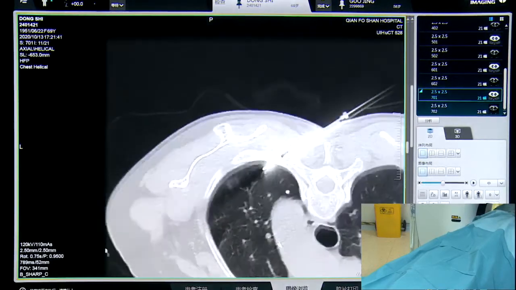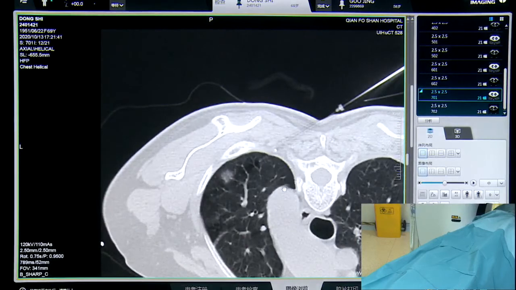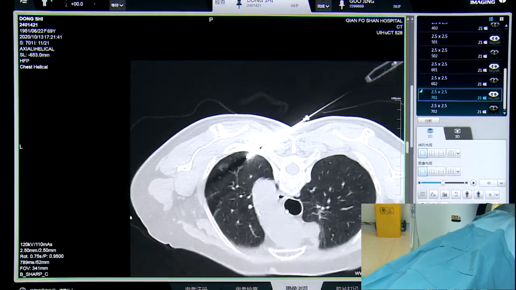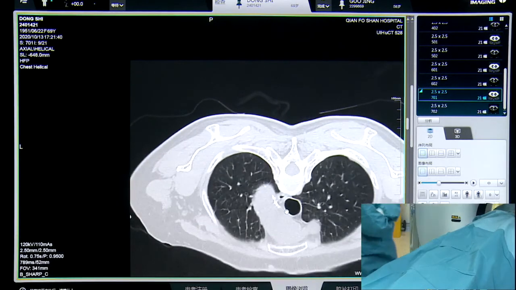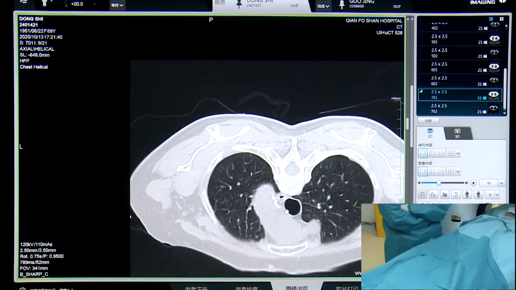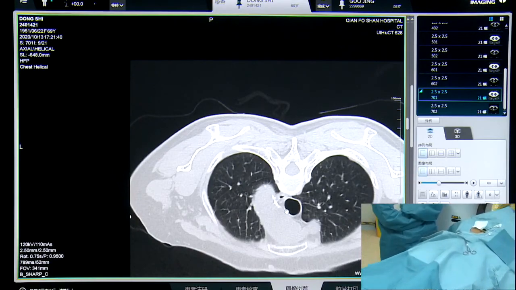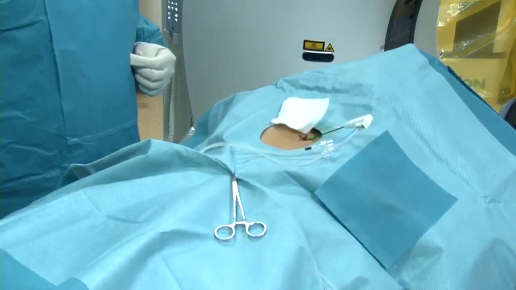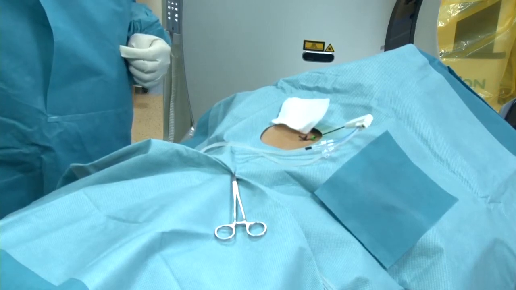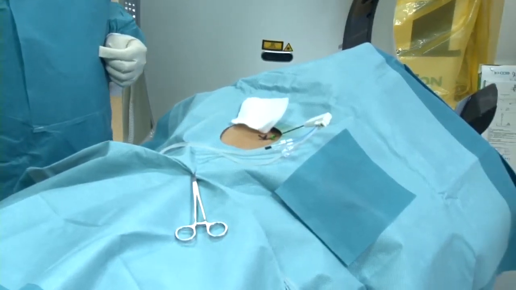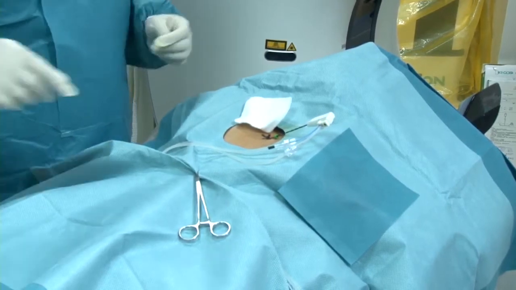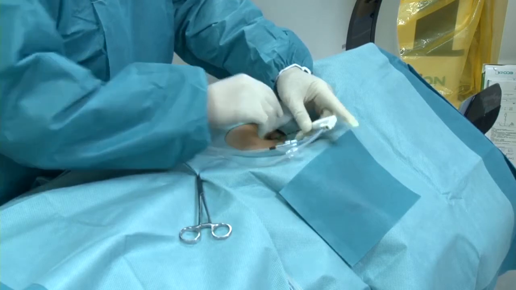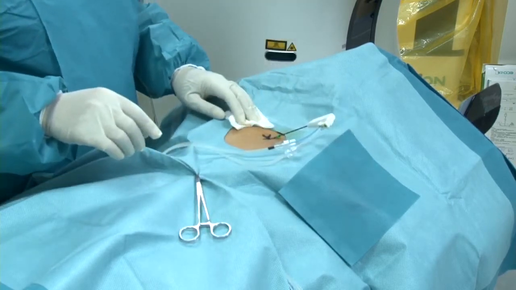If we do biopsy prior to the microwave, sometimes there will be bleeding, and the bleeding area will cover the lesion and make the boundary of the lesion invisible in CT scan.